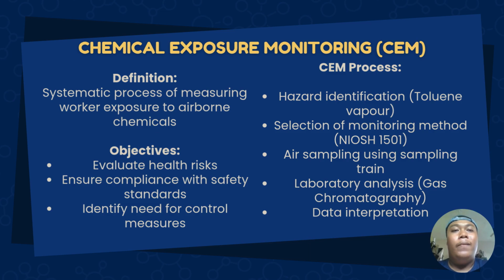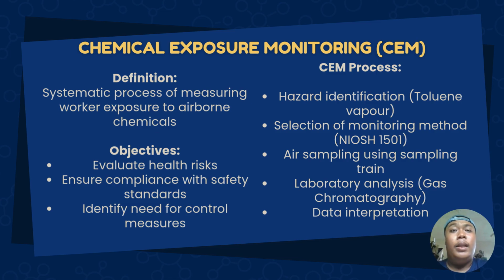So, the first step in CEM is identifying the chemical hazard, which in this case is toluene. After identifying the hazard, a suitable monitoring method is selected. For toluene vapor, the NIOSH 1501 method is commonly used because it's reliable and specifically designed for organic vapors.